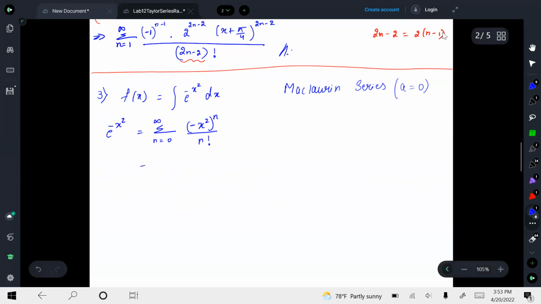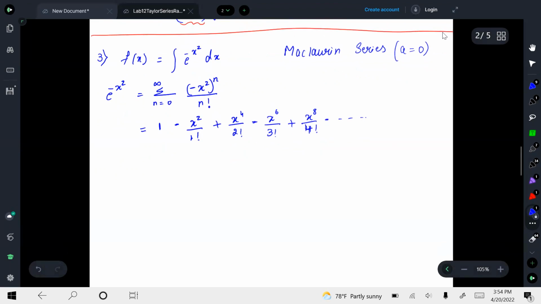Now if you expand the series, for n equal to 0 we get 1, minus x squared divided by 1 factorial, plus x to the power of 4 divided by 2 factorial, plus negative x to the power of 6 divided by 3 factorial, plus x to the power of 8 divided by 4 factorial, and so on.